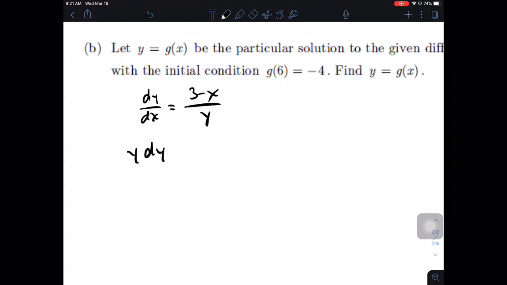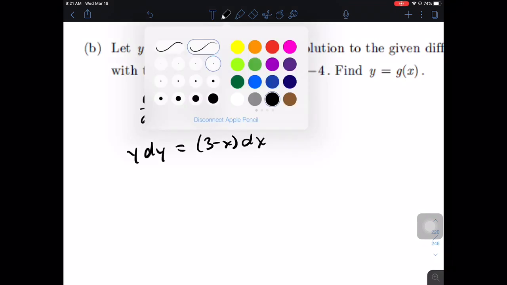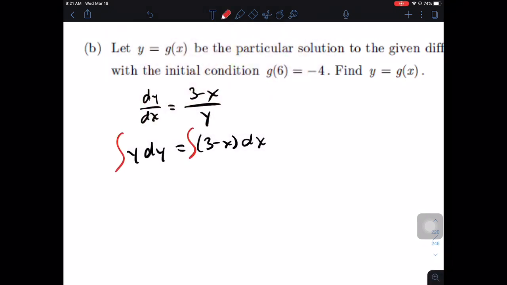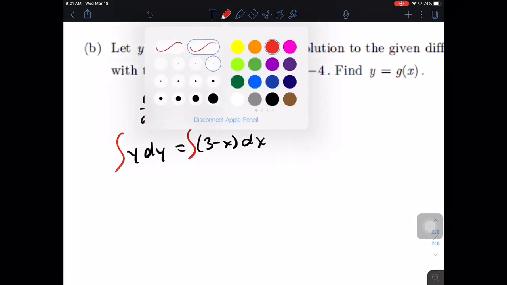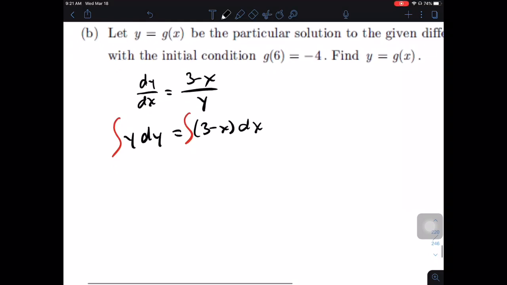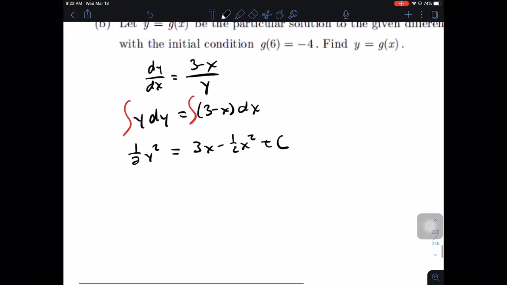So this is going to be pretty straightforward, it looks like. Integrate both sides, on the left with respect to y, on the right with respect to x. If we add 1 to the exponent and multiply it by the reciprocal, I forgot my half. Add 1 to the exponent and multiply by the reciprocal.